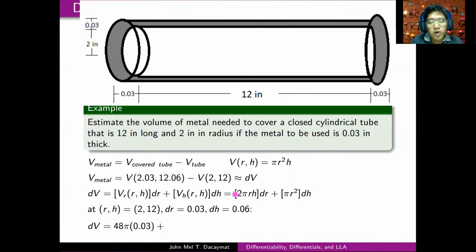No? So 24 times 2, 48 pi. Tapos yung pi r squared, r is 2. So 4 pi lang yan times yung dh ko na 0.06. If I simplify this, I get this, which is just 1.68 pi cubic inches. So that's approximately the volume of the metal I need to cover this given tube.